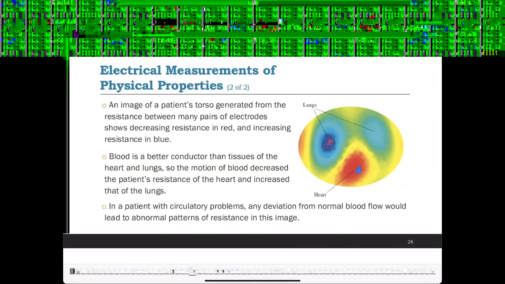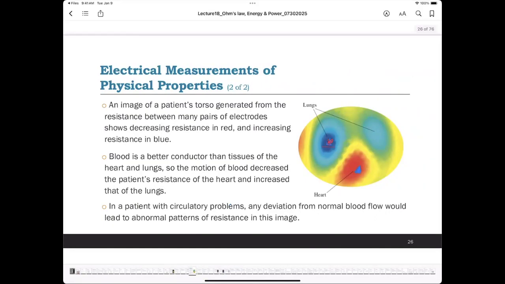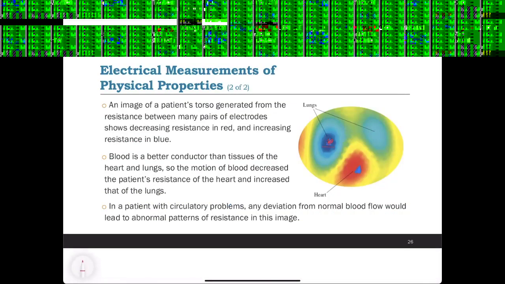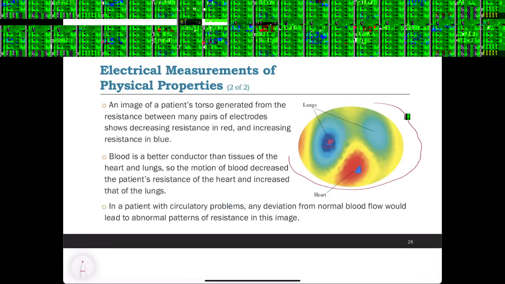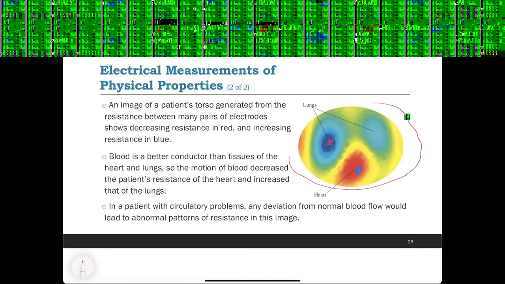In a patient with circulatory problems, any deviation from normal blood flow would lead to abnormal patterns of resistance in this image. This image is a normal one, but if a patient has a circulatory problem, then the image will become abnormal.